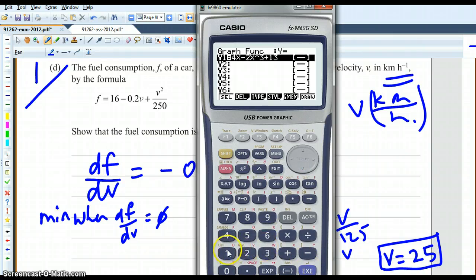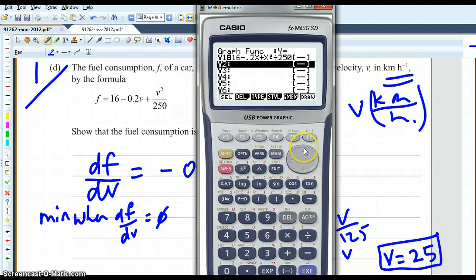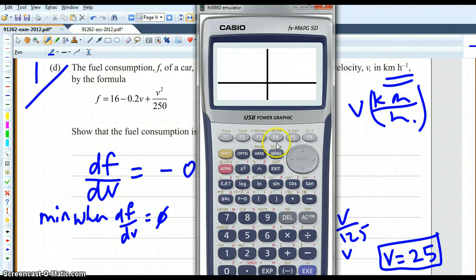Graph this: 16 minus 0.2v plus v squared divided by 250. Wow, what happened there? Something strange. Have I got that right? 16 minus 0.2x plus x squared divided by 250. Draw that.